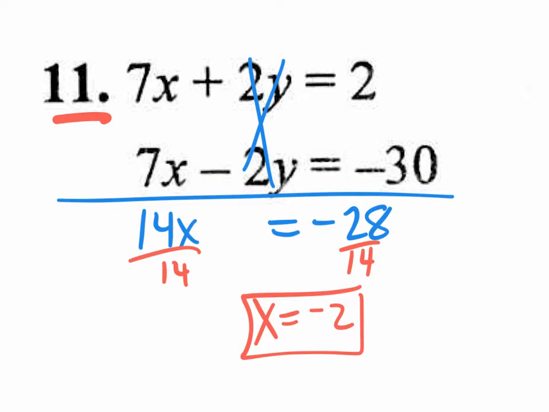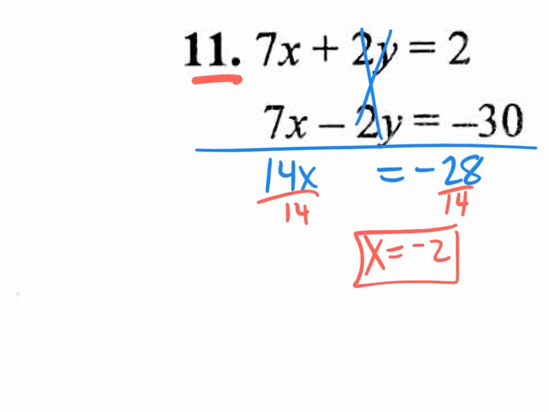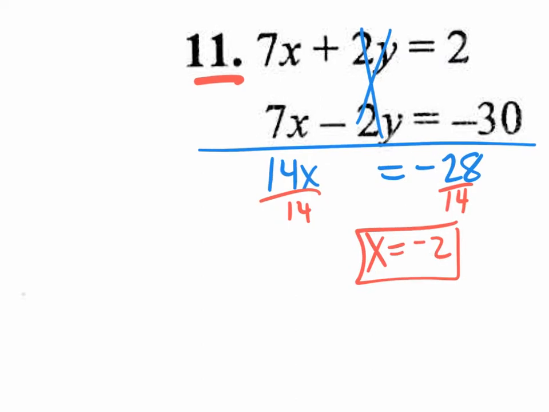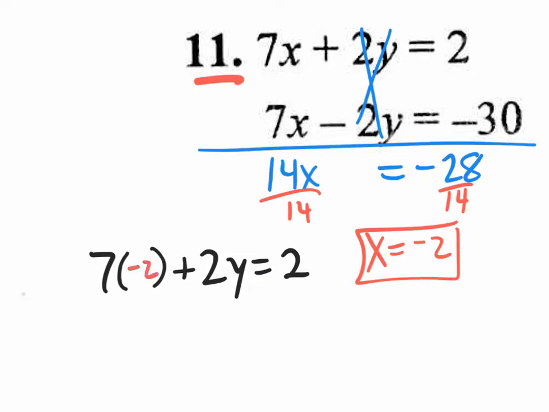You have one answer. You need the other. All you have to do is plug it back in. I'm going to go with the top one. The top one reads 7x plus 2y equals 2. I'm going to plug in that negative 2 in there. So I'm really going to have negative 14 plus 2y equals 2.